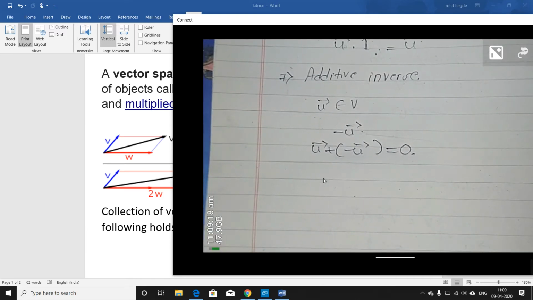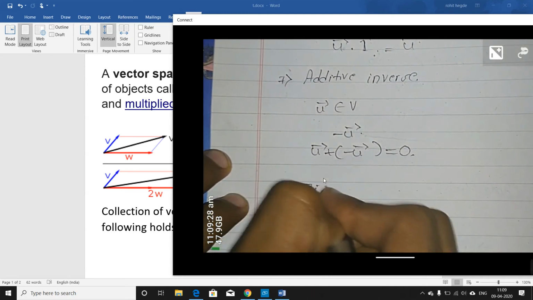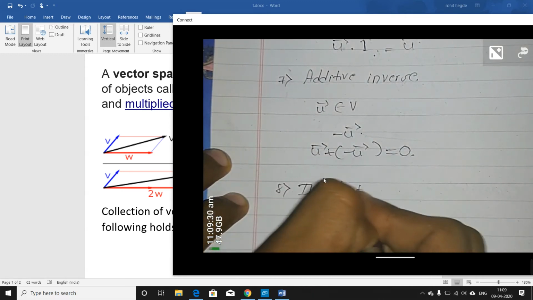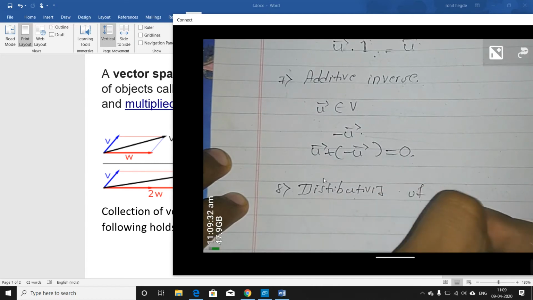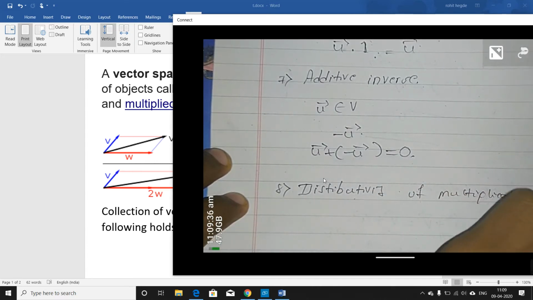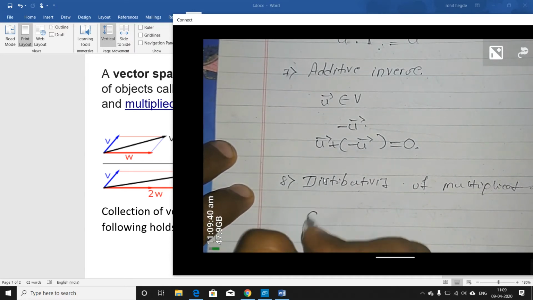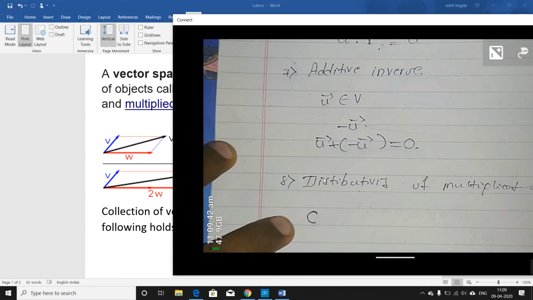Then we will see some confusing axioms. That's the distributivity of multiplication. Here c is our scalar which belongs to the real numbers.